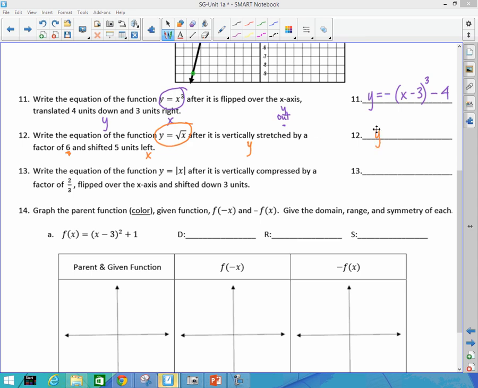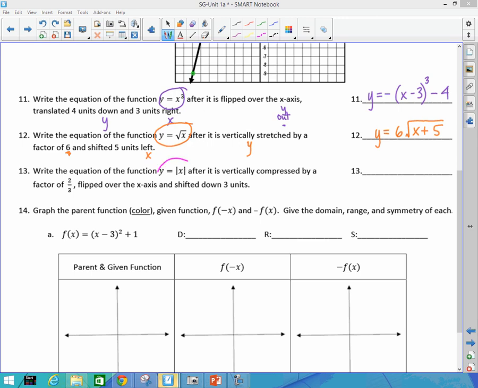So I'm going to have y equals 6 times, because a vertical stretch is multiplying. This is inside, x minus 5 would be to the right, so x plus 5 is to the left because it does the opposite of what you think.